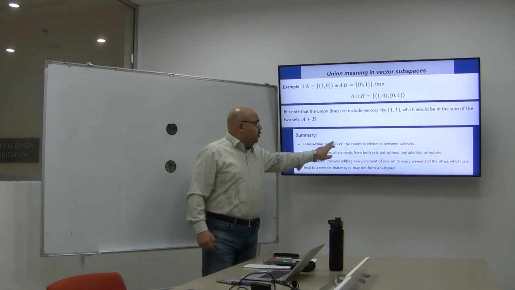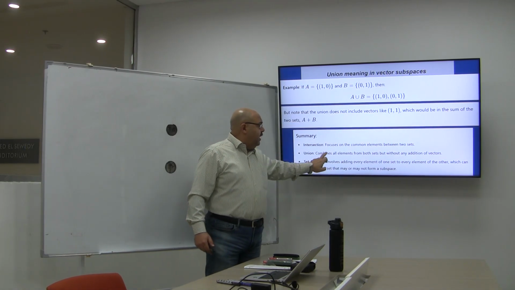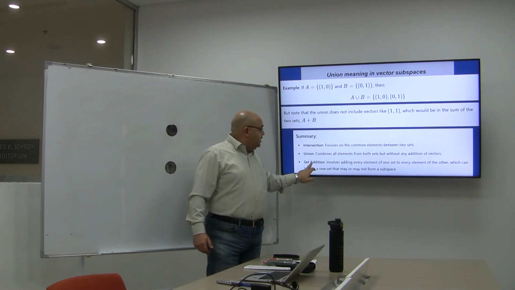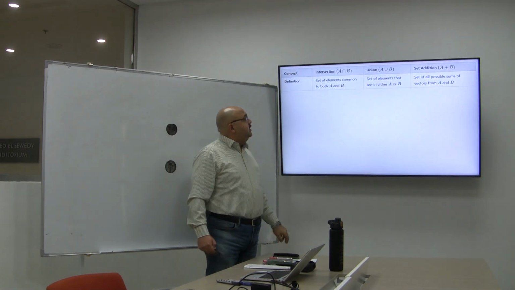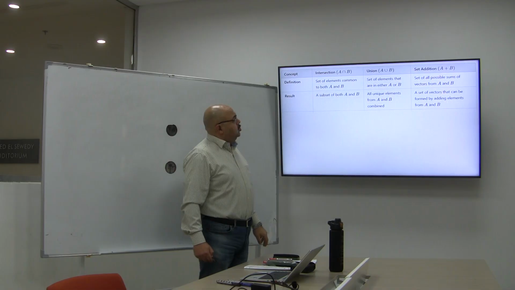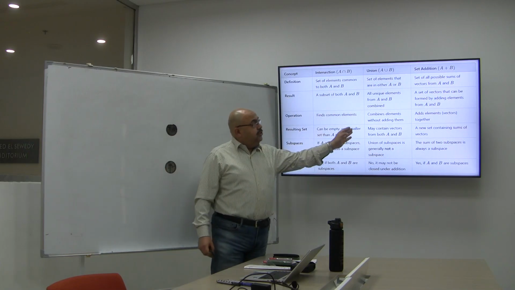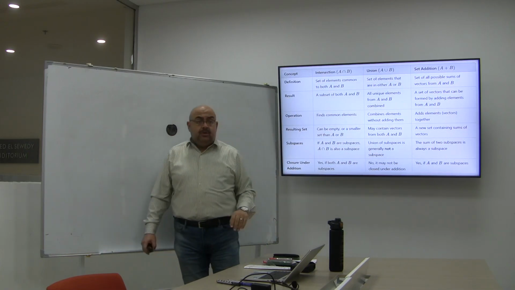So, intersection focuses on the common elements, union combines all elements of both sets without any addition of vectors. Set addition involves adding various elements to each other. Also, I've joined this comparison between the intersection, union, and set addition to be with you.